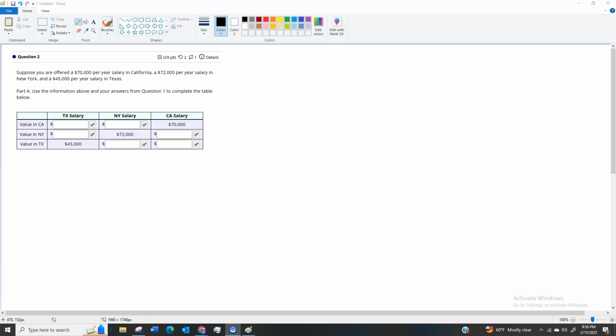So we're going to start with 45,000, and we're going to write that down as our first number, our top number or our only number on the right side. So we're going to write down 45,000. Okay, and then that is Texas.